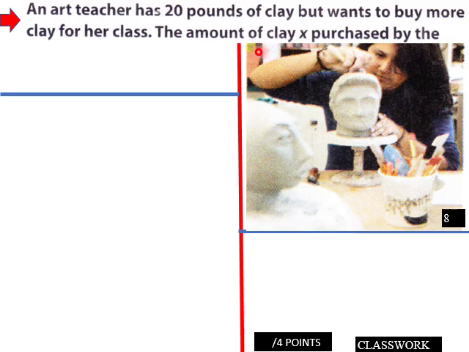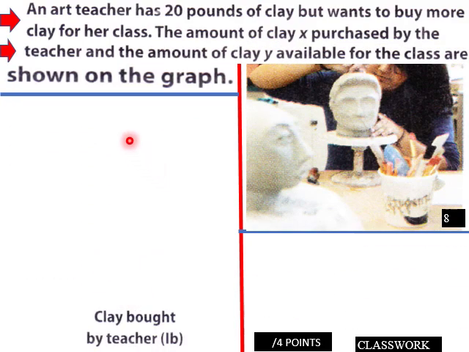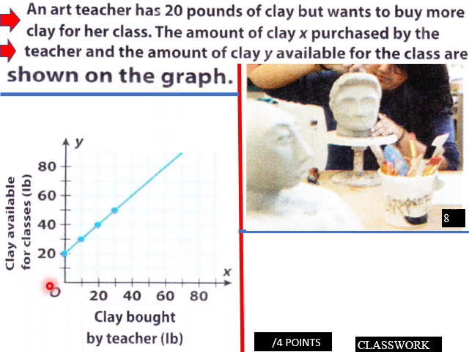The amount of clay x purchased by the teacher and the amount of clay y available for the class are shown on the graph. Here's our graph. On your y-axis is the clay available for class, and your x-axis is the clay bought by the teacher.